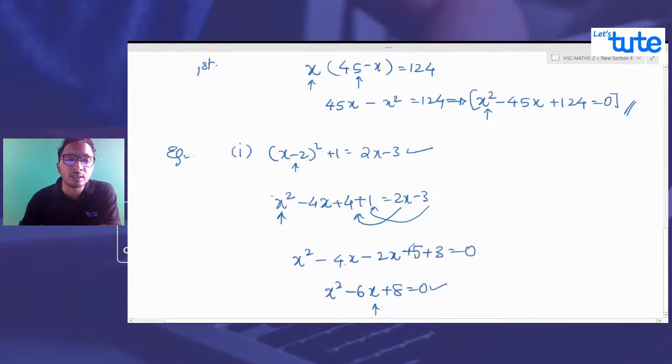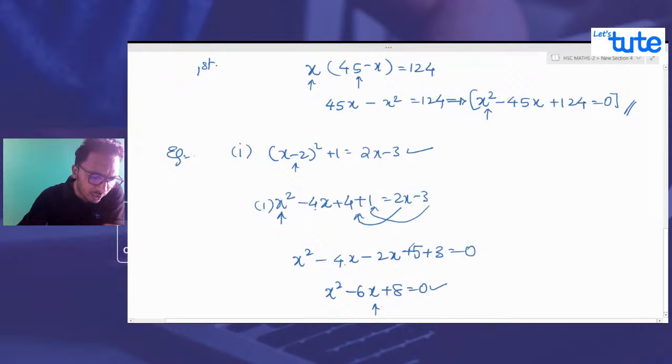You should be aware that the square term generally has a coefficient, like in this case we have 1. We need to make sure that the coefficient of the x squared term is non-zero. Only then will it be quadratic.